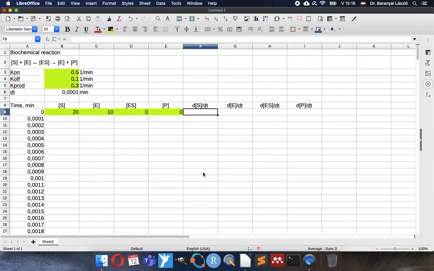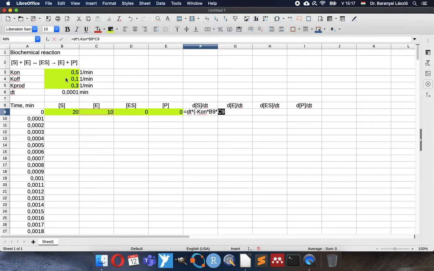How the substrate is changing. From the reaction we can see that the substrate is decreasing with the first reaction. So minus key on. You can see as I start typing the kinetic constant, because the name is registered, it is already suggested to me. It will be used from the first reaction, the kinetic constant of the production of the enzyme substrate plus the multiplication of the substrate and enzyme.